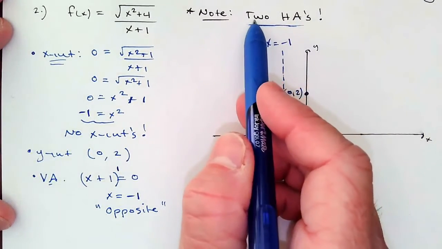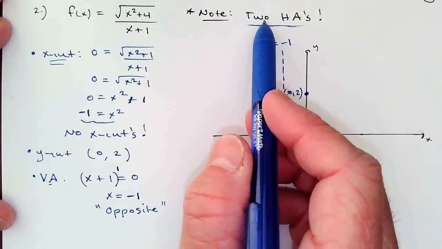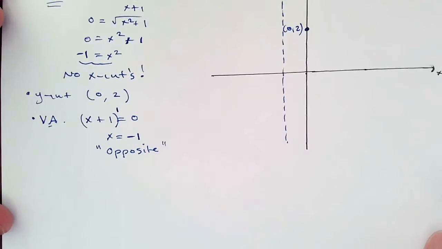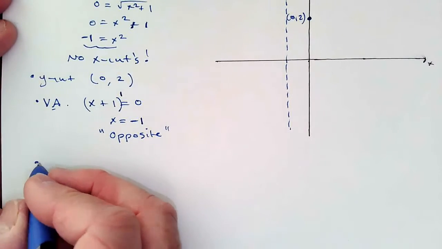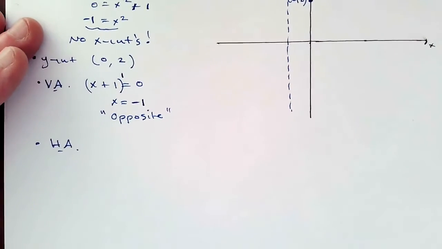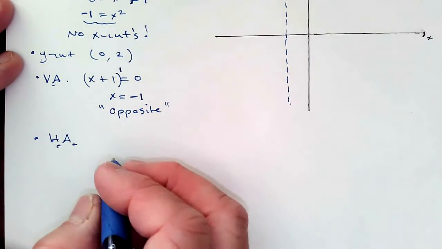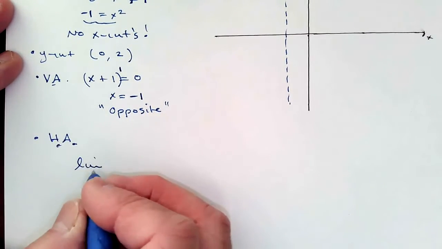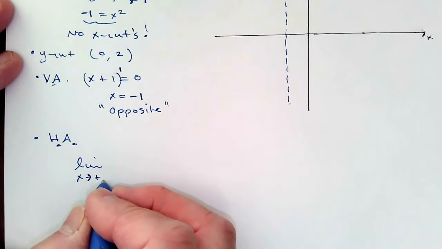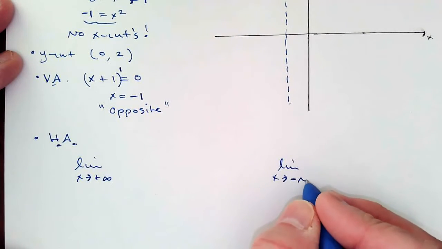Okay, now we get into the horizontal asymptotes. Since we've got some indication that there's actually two of them, to find our horizontal asymptotes, where we normally have been considering the limit as x goes to plus or minus infinity together, we should probably separate these out into the limit as x goes to positive infinity, and then the limit as x goes to negative infinity.